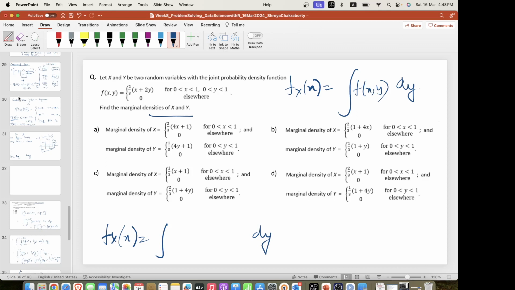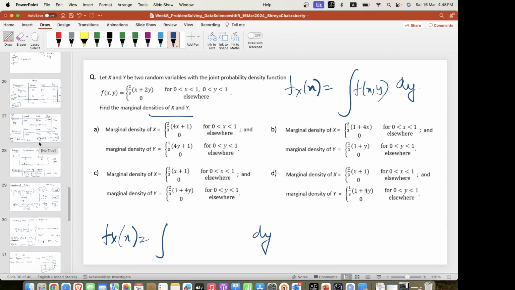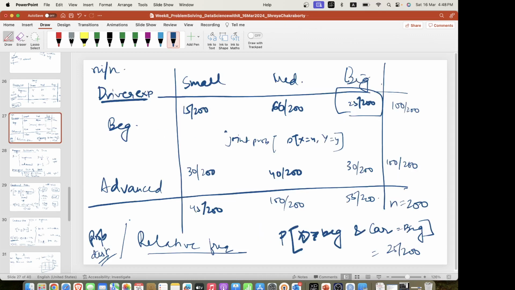If you are given a joint probability distribution, how will you find the marginal probability? I just want to tell you how you can remember what you have to do in order to get a marginal distribution. If you see in this drivers example, if you wanted this beginner and advanced, you did a sum across the other variable.